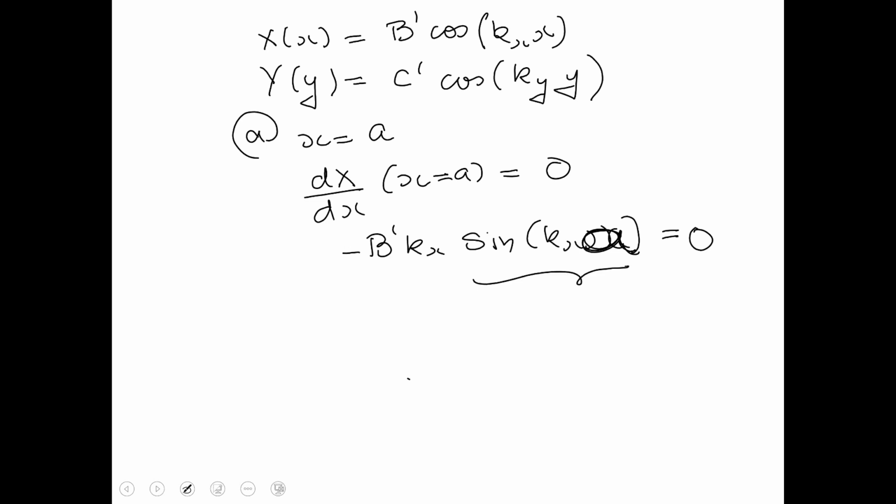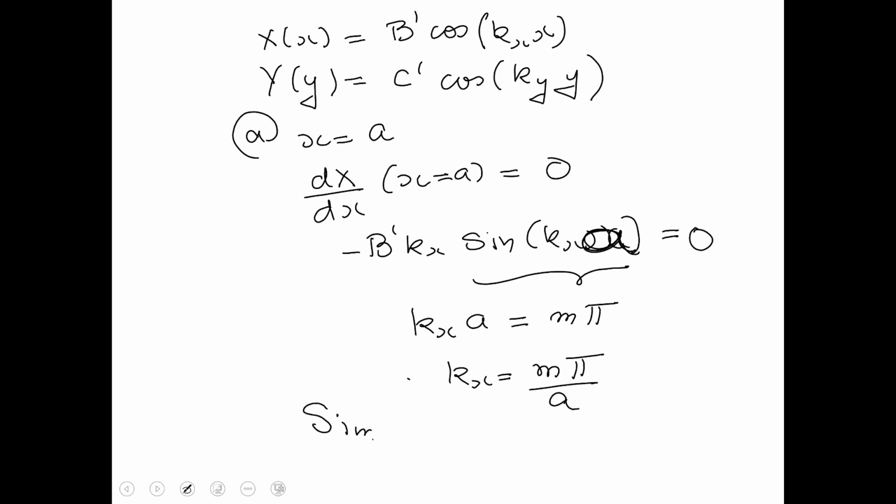That can only happen if sine kx a is equal to 0, or again kx a is equal to m pi. Nothing has changed here. kx is m pi by a.